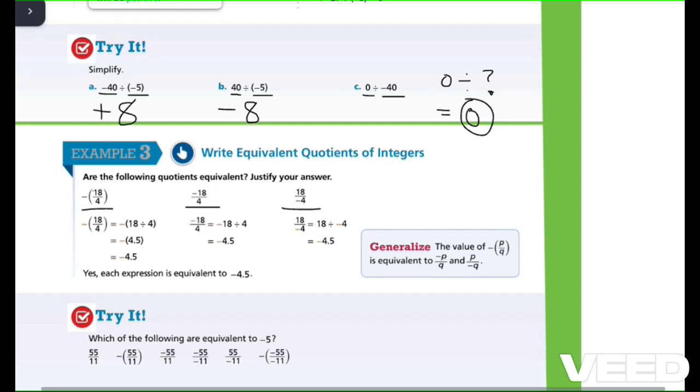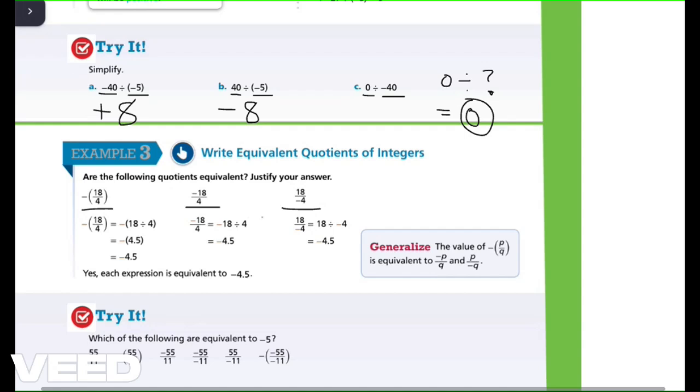In the first example, we have one negative sign, making the whole thing negative. In the second example, we also have one negative sign, making the whole thing negative. And in the third fraction, we have one negative that makes the whole thing negative.